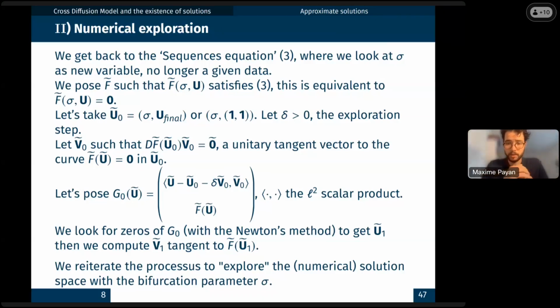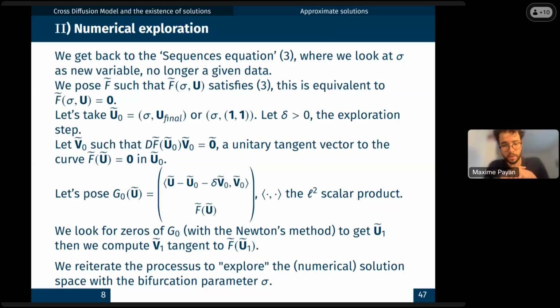And then we take delta, an exploration step. We compute a unitary tangent vector to the curve f tilde u tilde equals 0 in u tilde 0. It's a unitary vector in the kernel of the differential of f tilde at u tilde 0. And then we denote g0 of u tilde, the functional just there.